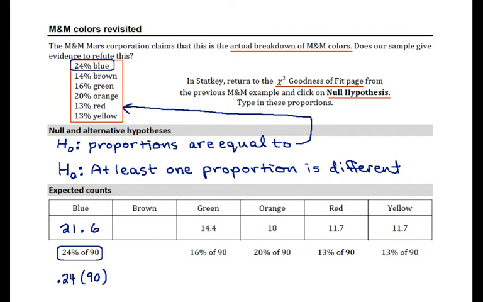I'll just take everything out to the tenths place for this. For brown, I have 14% brown, so I'm going to take 14% of 90, which is 0.14 times 90, which comes out to be 12.6. And the rest of them are done for us because we can see that it follows a very similar pattern.